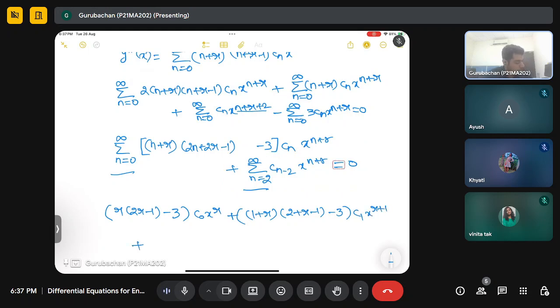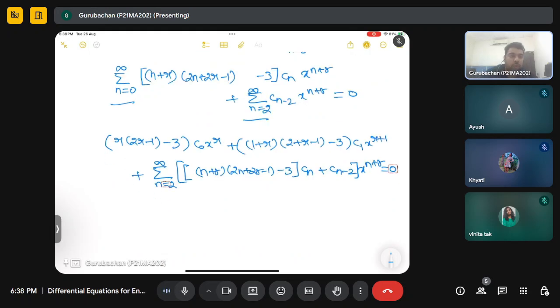The rest will be summation n equal to 2 to infinity, (n plus r)(2n plus 2r minus 1) minus 3, this much times c_n plus c_(n minus 2), x to the power n plus r, equal to 0.